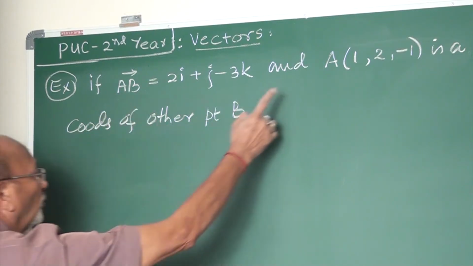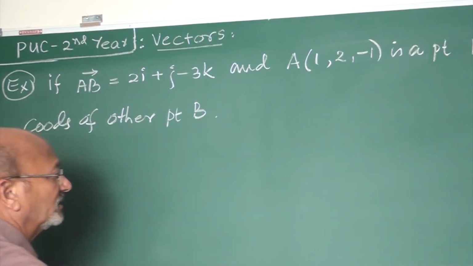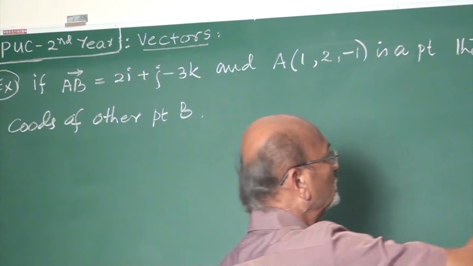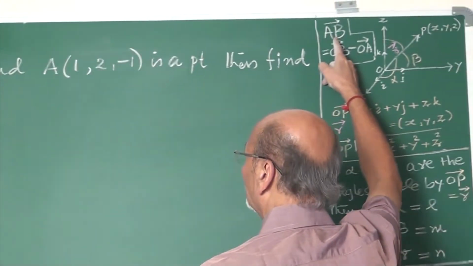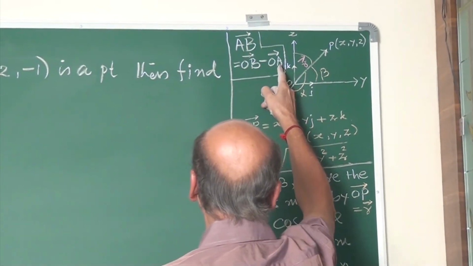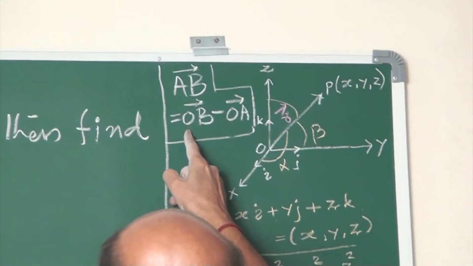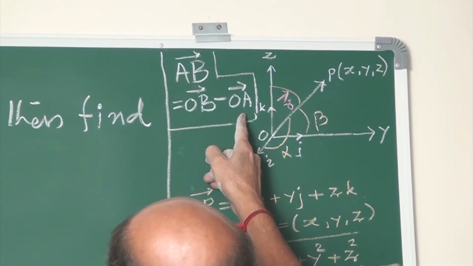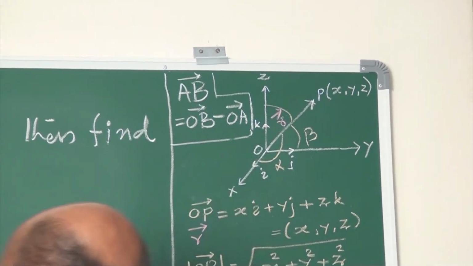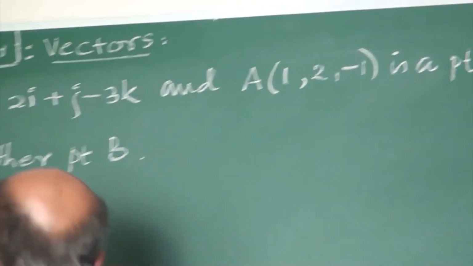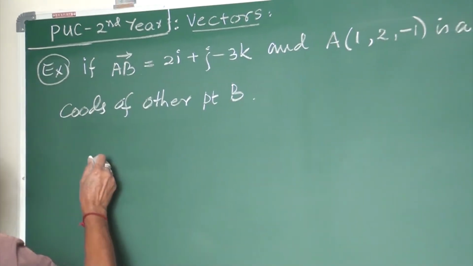Yes, my friends. AB is given, OA is given, you have to find OB. In this case, you have to make use of this result. Vector AB is given, vector OA is given. To find OB, AB plus OA is OB. By this, my friends, let O be the origin of reference.